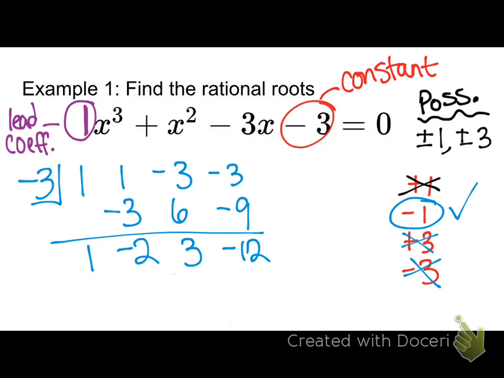So the only rational root that we have is -1. Now, if it said find all the roots, we'll have to do a little bit more work. But if it just says find the rational roots, we're done. So pay attention to what the directions say. If it says the rational roots, these are the only possibilities we have. This is the only one that worked, so -1 is our only rational root. We probably should write it as x equals -1.